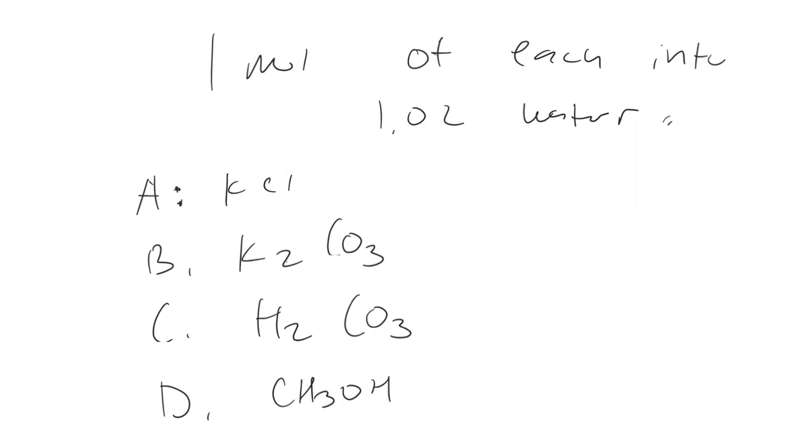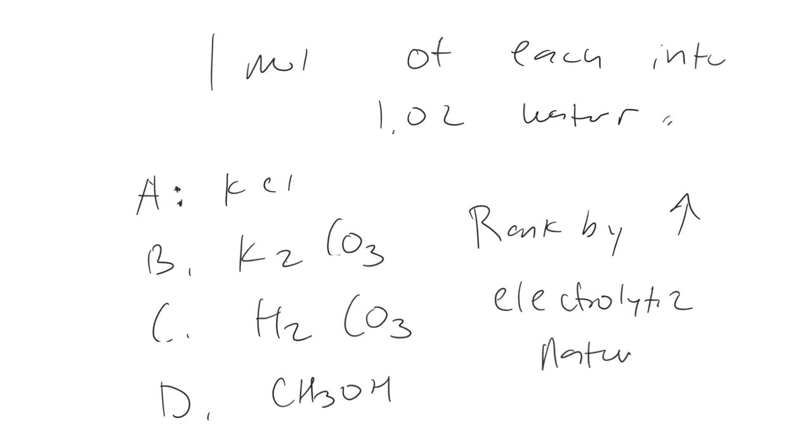Can we rank these in order of the electrolytic nature of the solution? Which solution is most electrolytic? Which solution has the most ions in it? We put 1 mole of either KCl, K2CO3, H2CO3, or methanol into a liter of water.